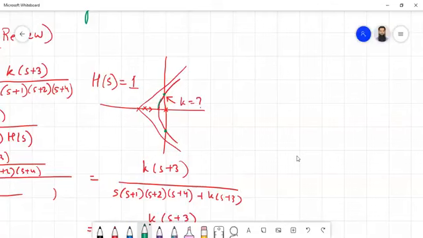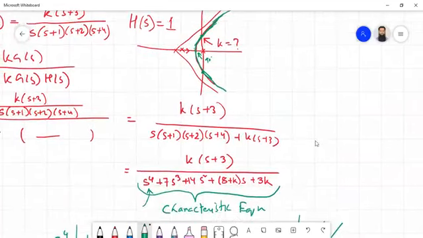So we can have more points, and then we can gradually approach the asymptotes. And also we know that this will be leaving at an angle of 90 degrees. So initially it will be 90 degrees, and gradually through this point, then it will be going to the asymptotes. So this is your additional rule number 2, that is finding out the j omega axis crossing.